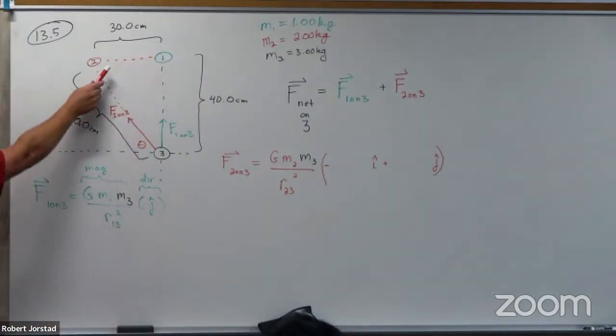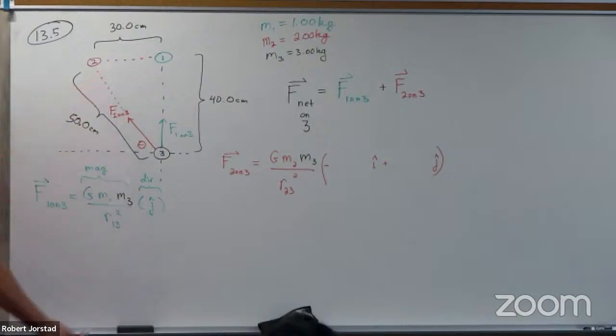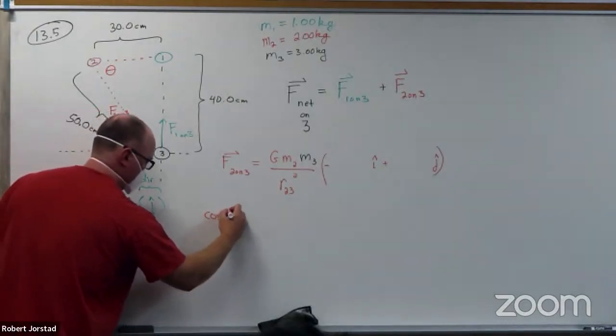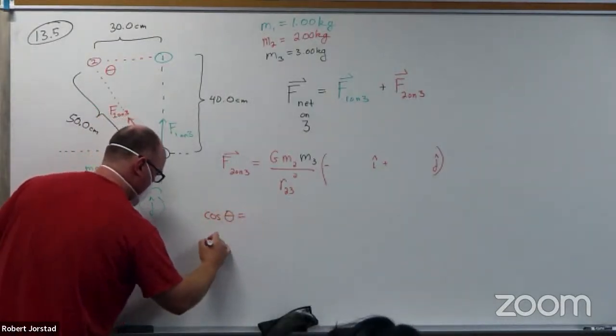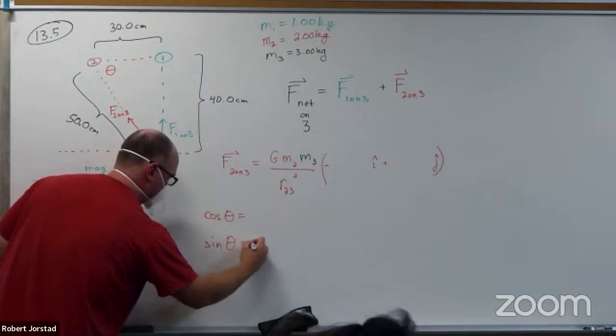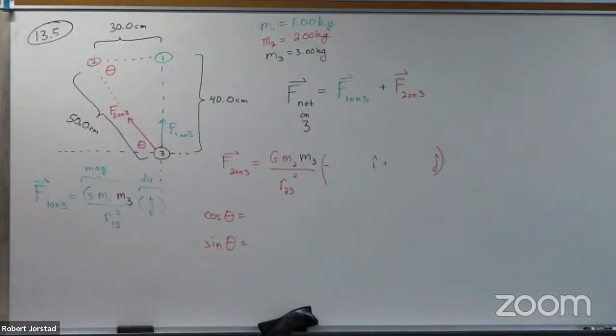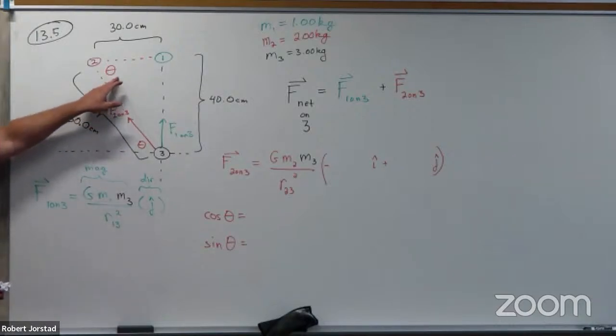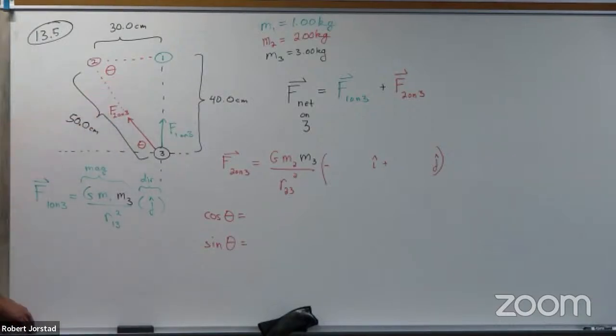What's this angle? That's also theta. Now notice, what's cosine of theta? What's sine of theta? Just pick one. Let's do cosine of theta. Use this triangle. Cosine theta equals 30 over 50.